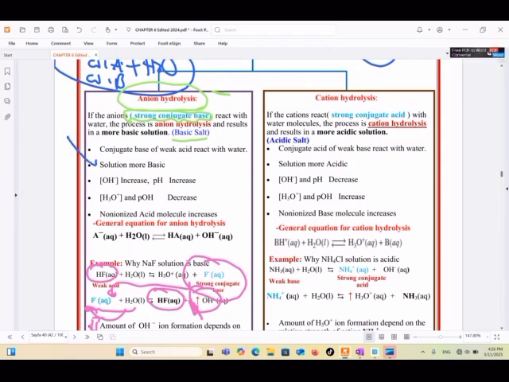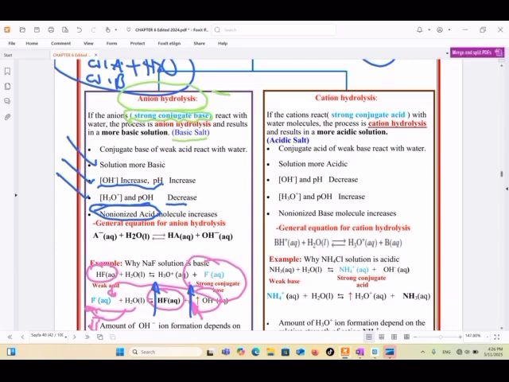Hydroxide and pH increase, but the hydronium and pOH decrease, and the non-ionized acid molecule increases as well, because here it produced the non-ionized acid molecule and the hydroxide as well. That's the result of anion hydrolysis.